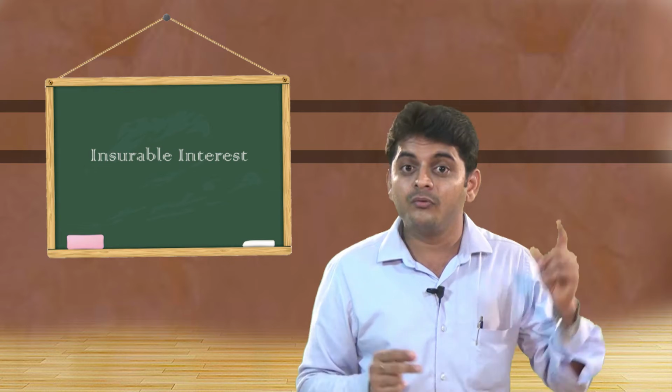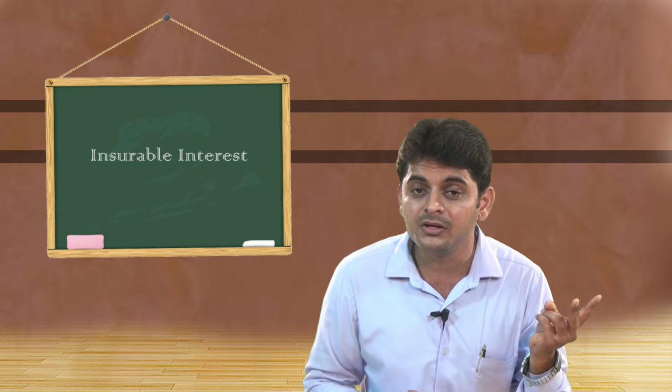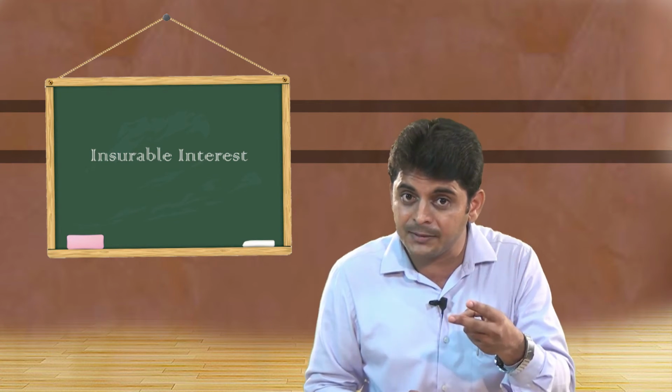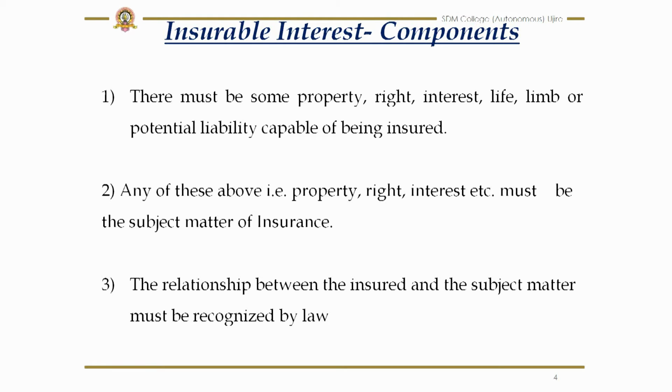If there is a life, husband and wife, there is a relationship that is recognized under law. Son and father, there is a relationship recognized under law. And vehicle, if I take a motor vehicle, is there a relationship? Yes, definitely there will be a relationship if you own the property. The ownership is recognized under law. So, then I can say there is an insurable interest.